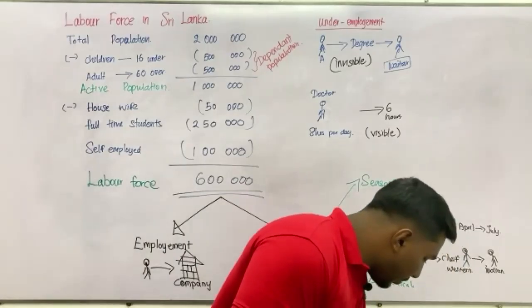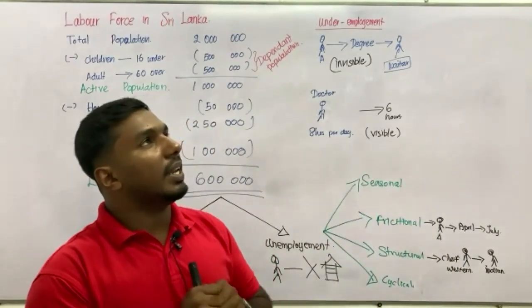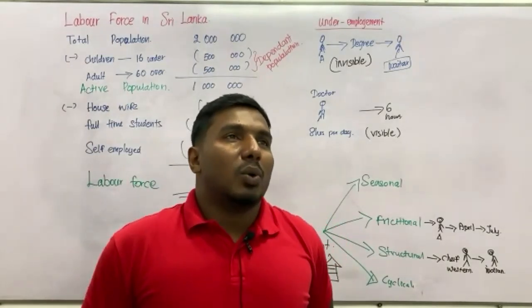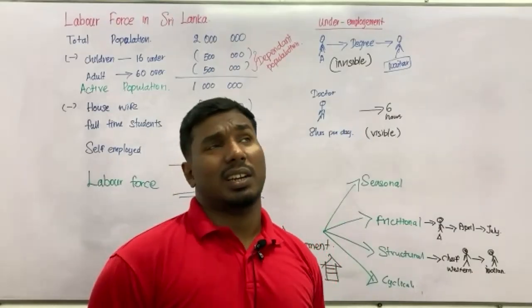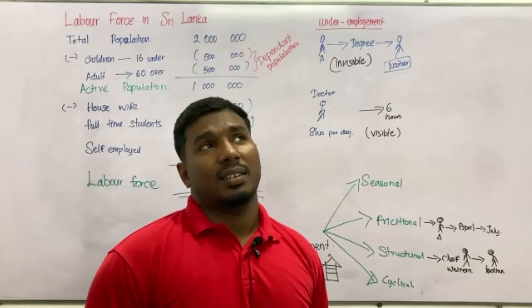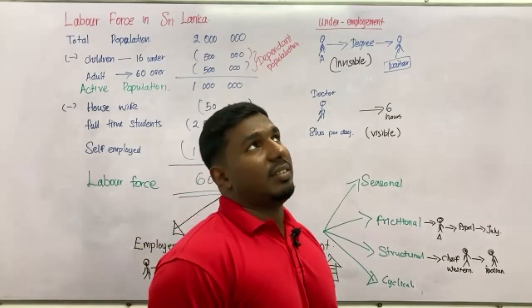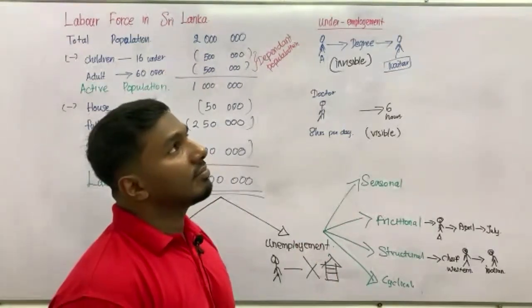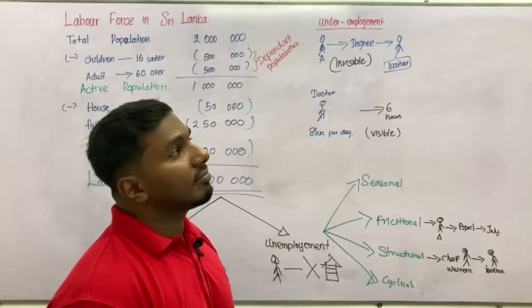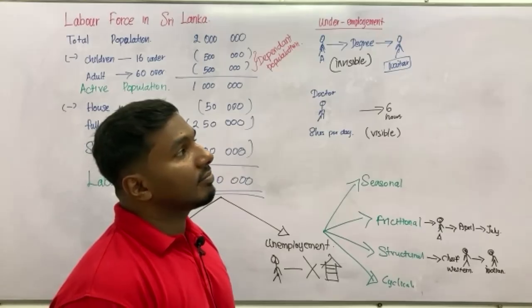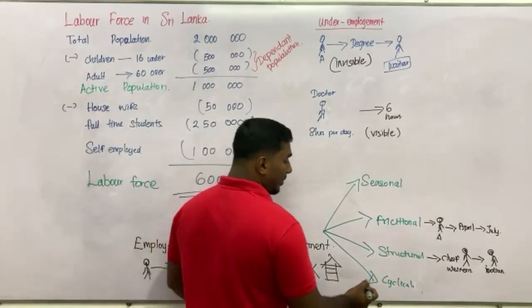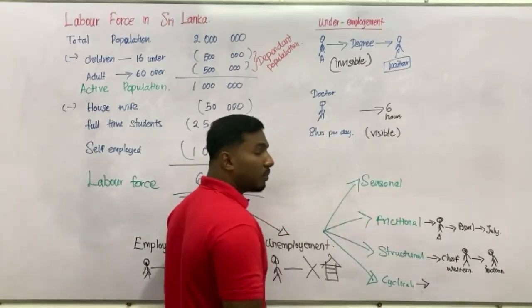For cyclical unemployment, insufficient demand. What I can give as a very good example is the Corona period. Okay, we'll say mobile phones.